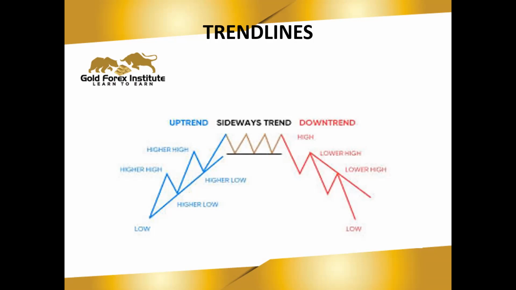It just moves at the same level. But from here is the upward trend. From here is the downward trend. So these are the three movements of the market. If you want to trade, you trade when the market is moving up or when the market is moving low. We don't trade when the market is sideways. So it is simple like that.